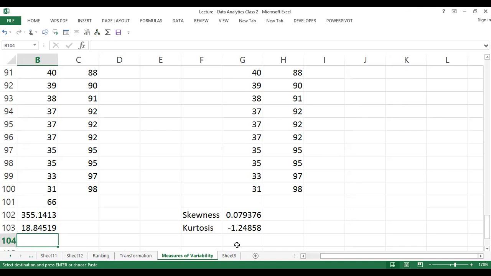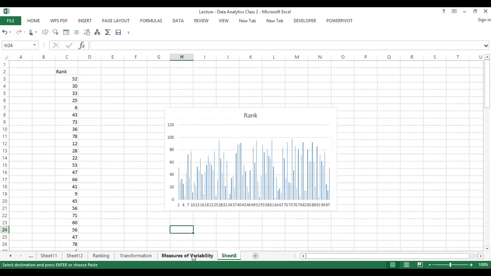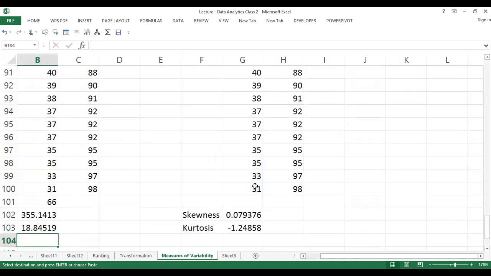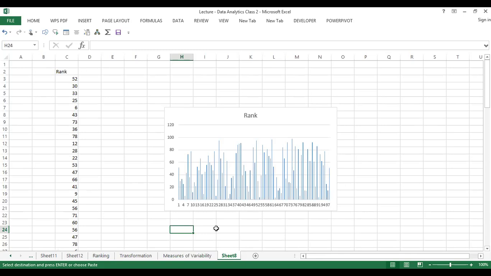There's no way you can tell what the tail would look like just by looking at these figures. You can't tell what the tail will look like.